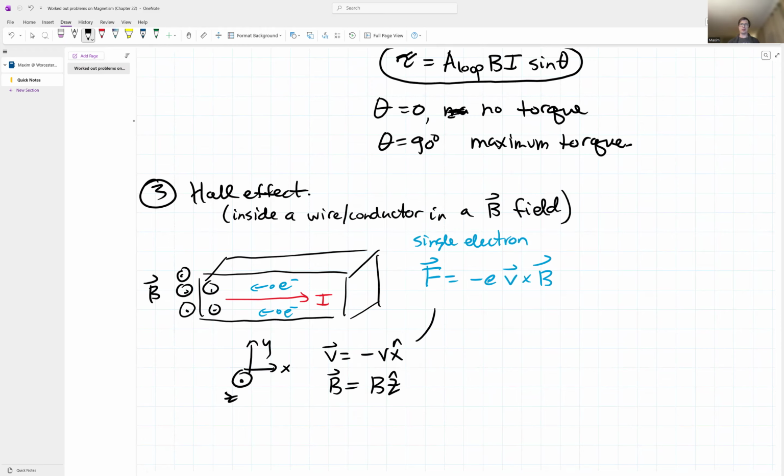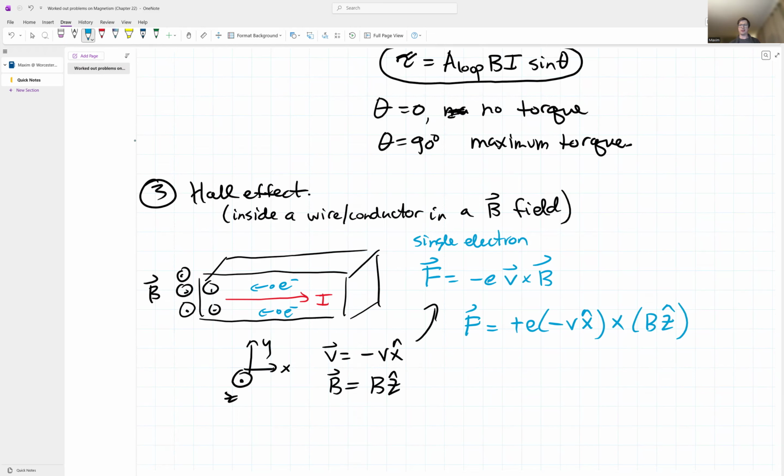So we can just plug these into the force, and we get that the force on the electron is equal to minus e, and then v is minus v x hat, and then it's a cross product with B z hat.